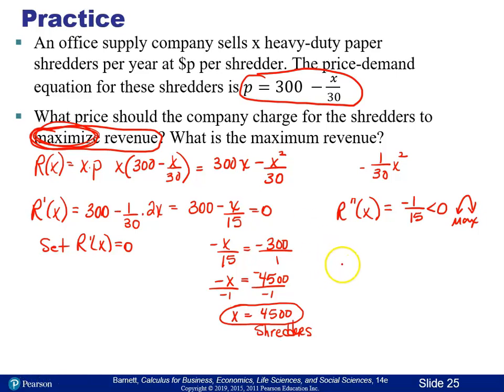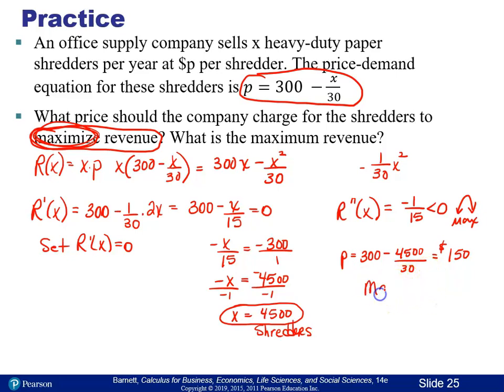So for the price itself, I'm just going to substitute in for the lowercase p here. So 300 minus 4,500 over 30. That's going to give us 150. So they're going to sell the heavy duty paper shredders for $150 in order to maximize the revenue.